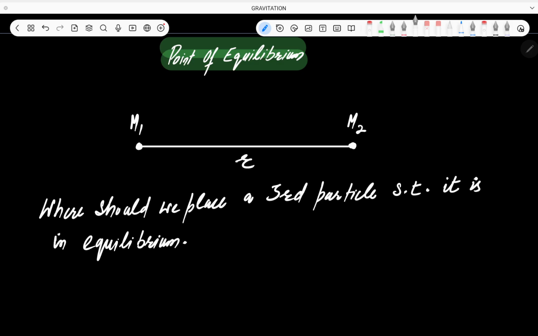We have to locate the position of the third particle such that this third particle is in equilibrium. Equilibrium simply means that the net force on that particle should be equal to 0, isn't it?